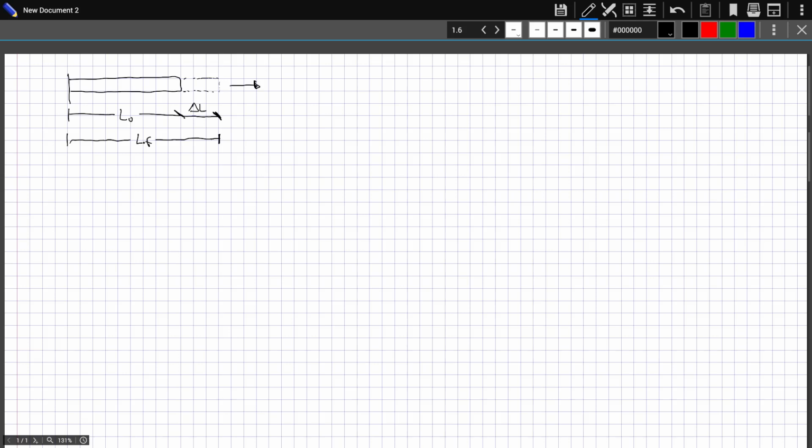So our typical notion of strain is actually what we should call the engineering strain. And that's delta L over L0, right? And if we write delta L out, it's the final length minus the initial length, over the initial length.